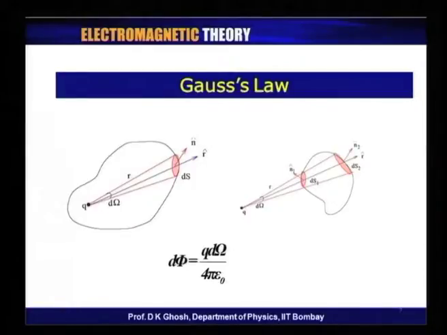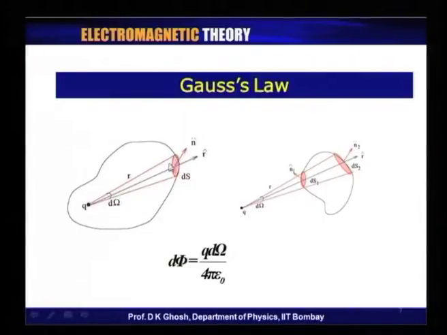Now, let us look at what I get out of it. So far as the electric field is concerned, the electric field at the distance r is q by 4 pi epsilon 0 1 over r square along the radial direction, along this direction. I have to now take the dot product with ds.